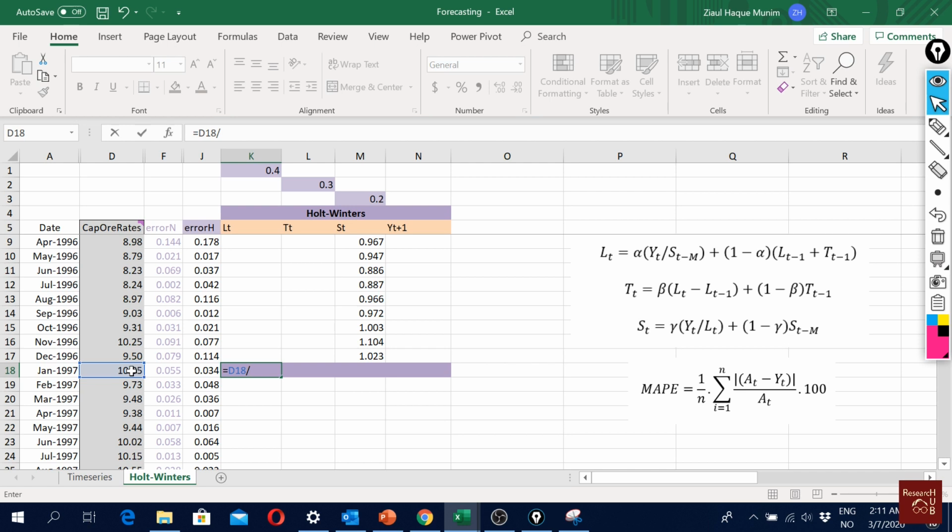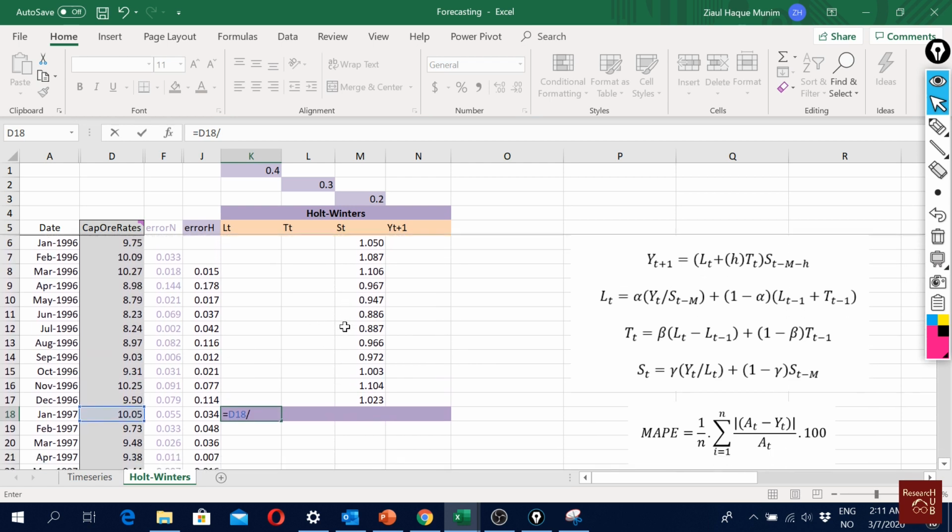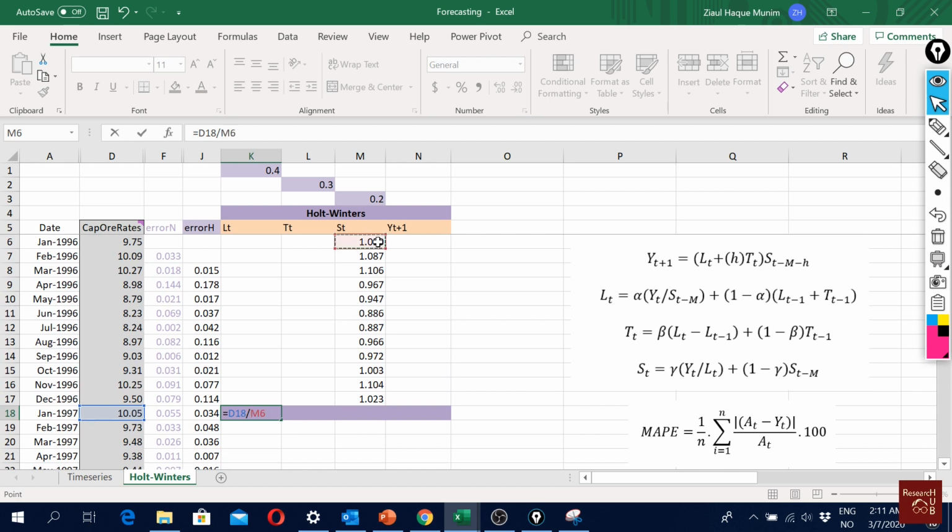T minus M is 12 here because our seasonal period is 12, so it will be the season of last year, of the same period. So I'm going to select this one here. That would be my value for LT. This is my starting value. This is not really forecasted because I'm not using the equations.